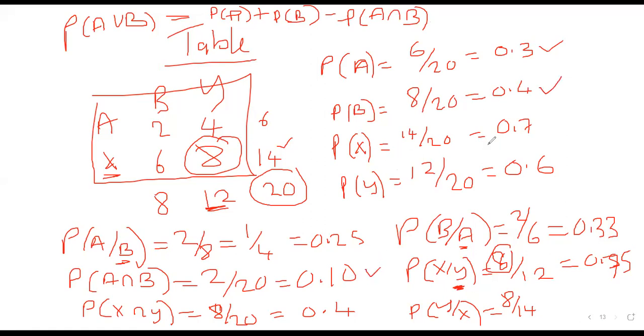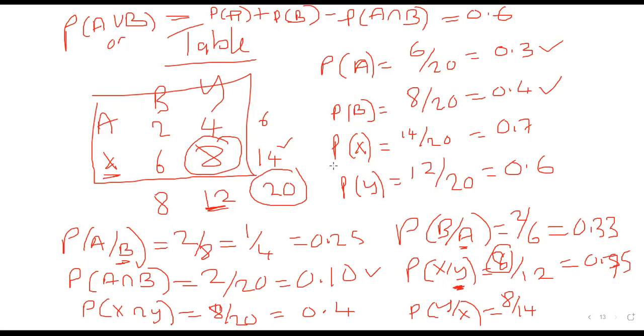So when you add this plus that minus 0.10, we get 0.6. So this is how we find a union set. Sometimes they may not say A union B, they'll say A or B. So the word or means union.